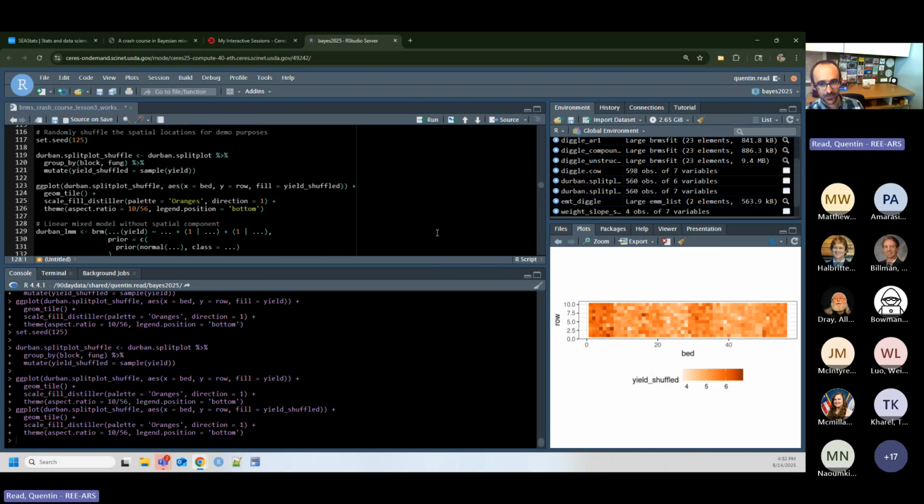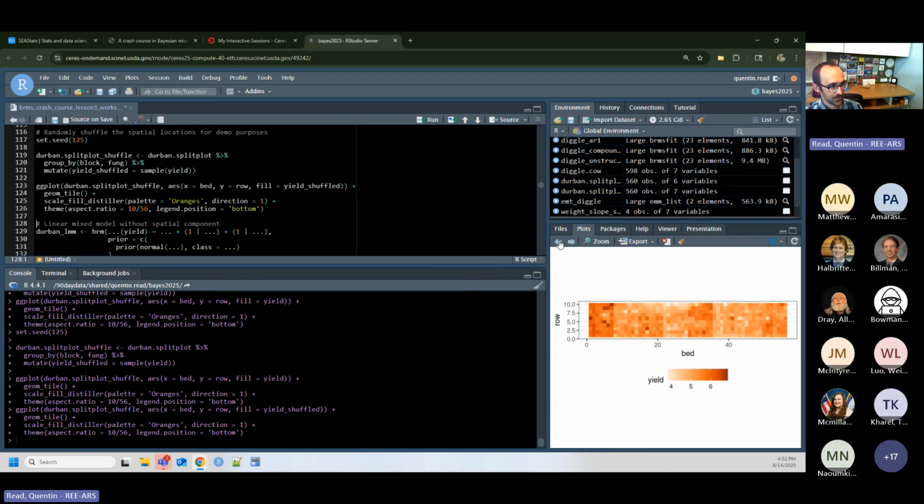Yes. So once you do that, you can see that the difference in the fungicide treatments is still visible, but we don't see as much of a spatial pattern. Certainly, we don't see as much of a cluster of low versus high yield within the blocks. So it's kind of visual evidence to me.